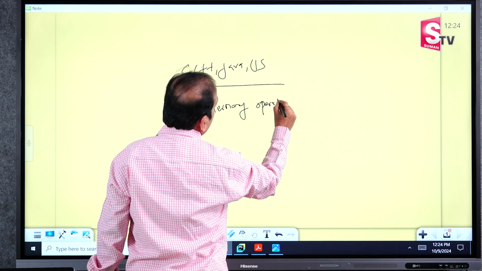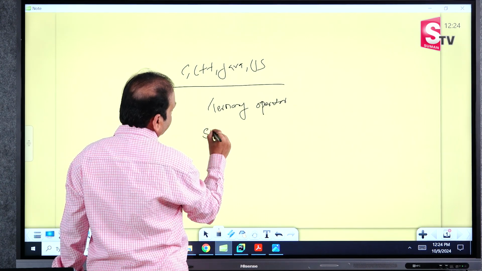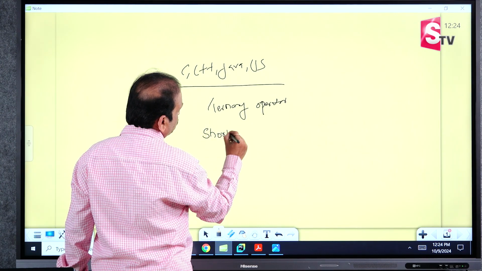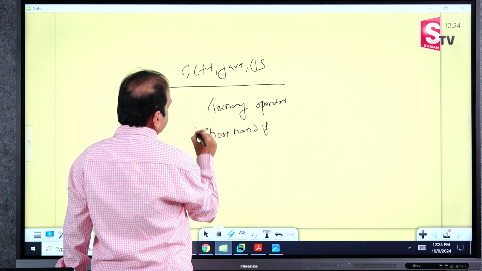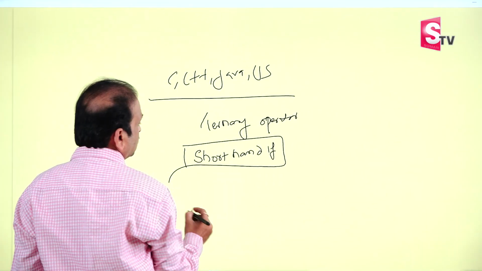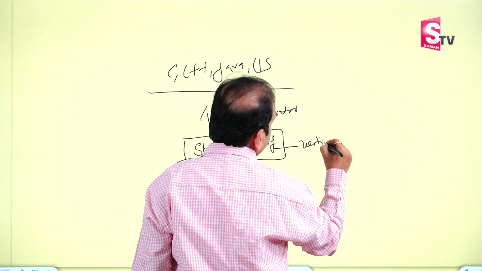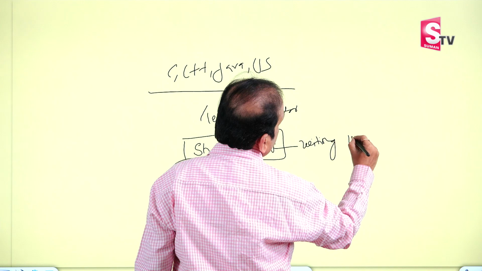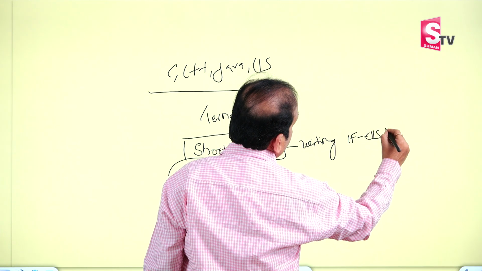But here there is no concept called operator, but we have shorthand if. So this is nothing but writing if statement in a single line, if else in a single line.